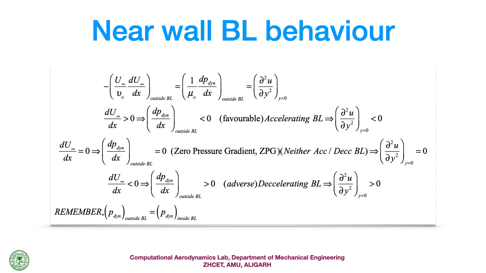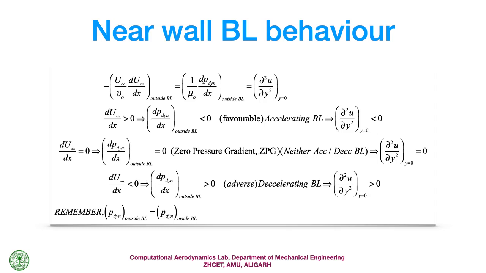Now if du infinity by dx is 0, that is a uniform flow, the external velocity u infinity outside the boundary layer doesn't change in the streamwise direction or any direction. Then du infinity by dx will be 0, that means dp by dx is 0.